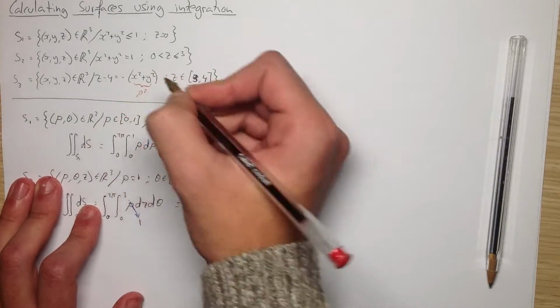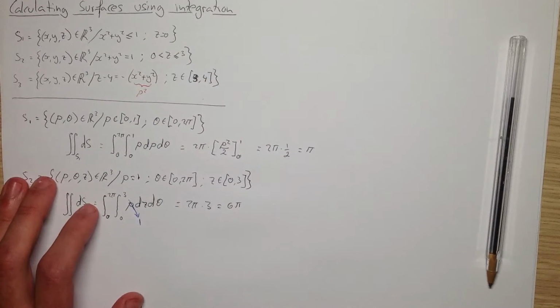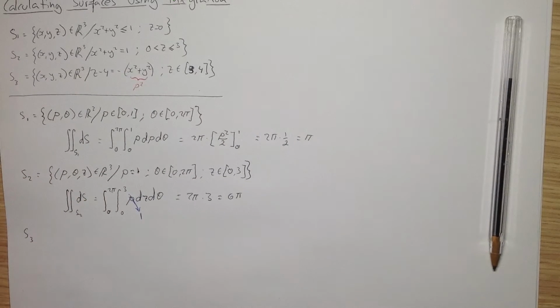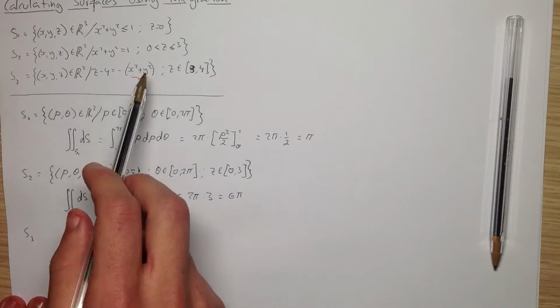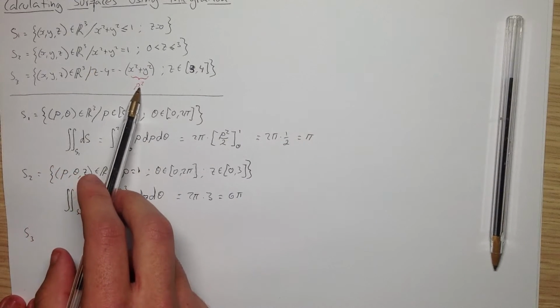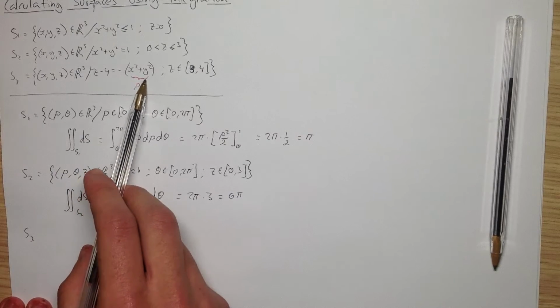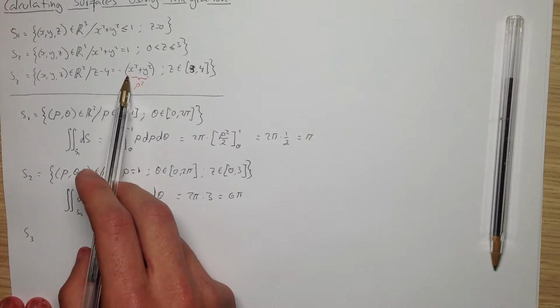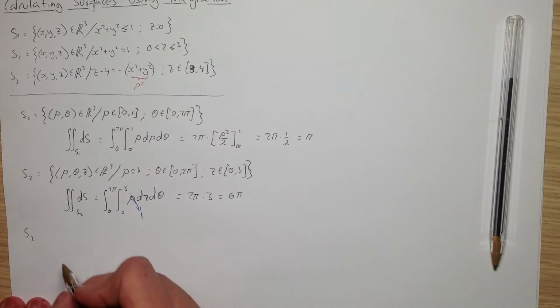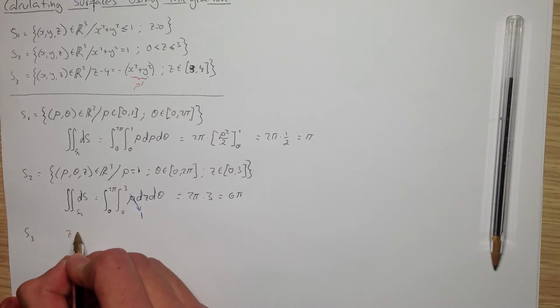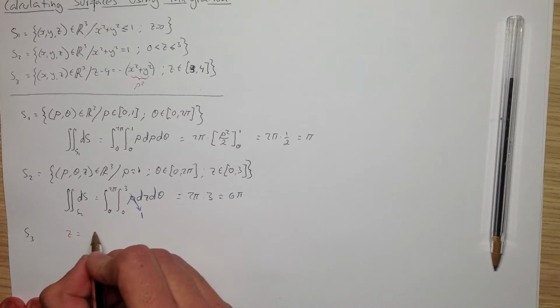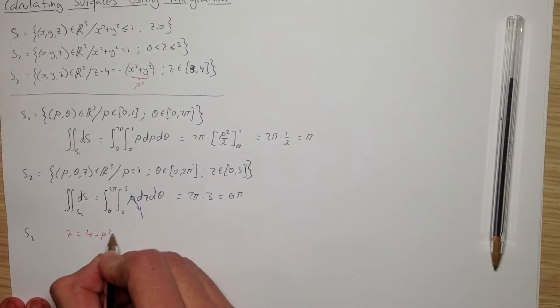So I'm going to put it here, rho squared. Alright, so we're going to put this whole equation, and we're going to pass this to the other side. So Z will equal 4 minus rho squared.